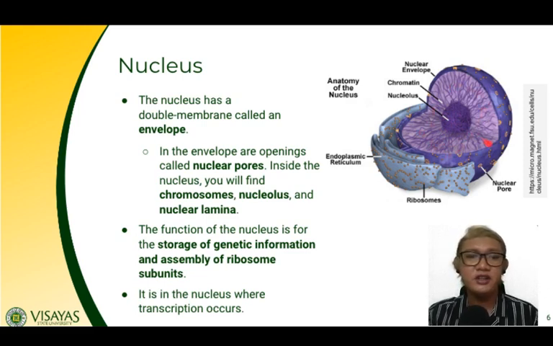The function of the nucleus is the storage of genetic information and assembly of ribosome subunits. It is in the nucleus where transcription occurs. Transcription is the process of mRNA production, which we will talk about in detail in later modules.